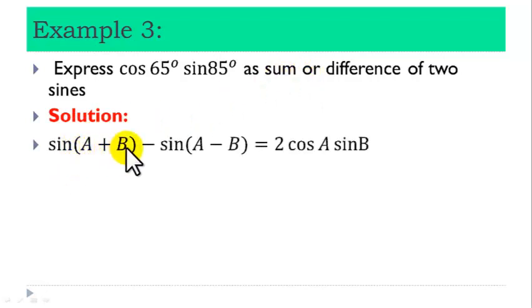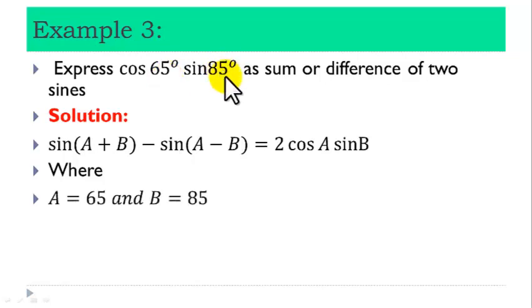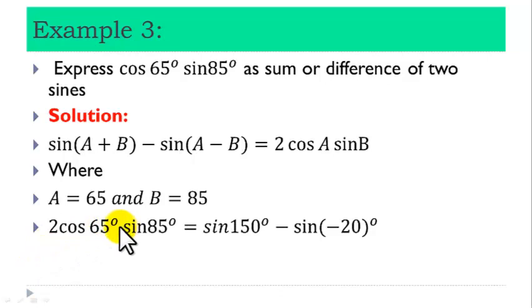We recall that sin(A plus B) minus sin(A minus B) is equal to 2 cos A sin B. Putting A equals 65 and B equals 85, we have 2 cos 65 degrees sin 85 degrees is equal to sin of A plus B, 65 plus 85 will give us 150, so that will be sin 150 minus sin of A minus B.